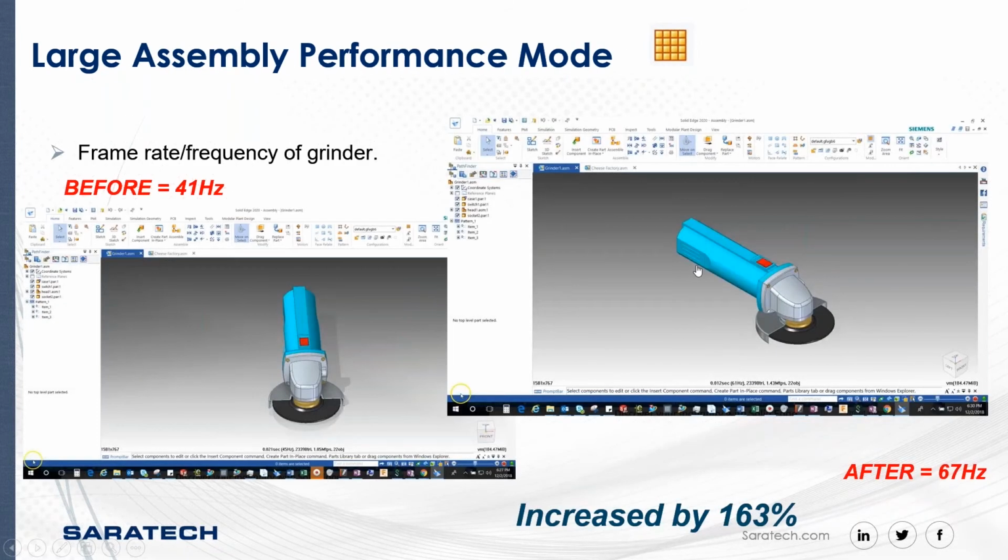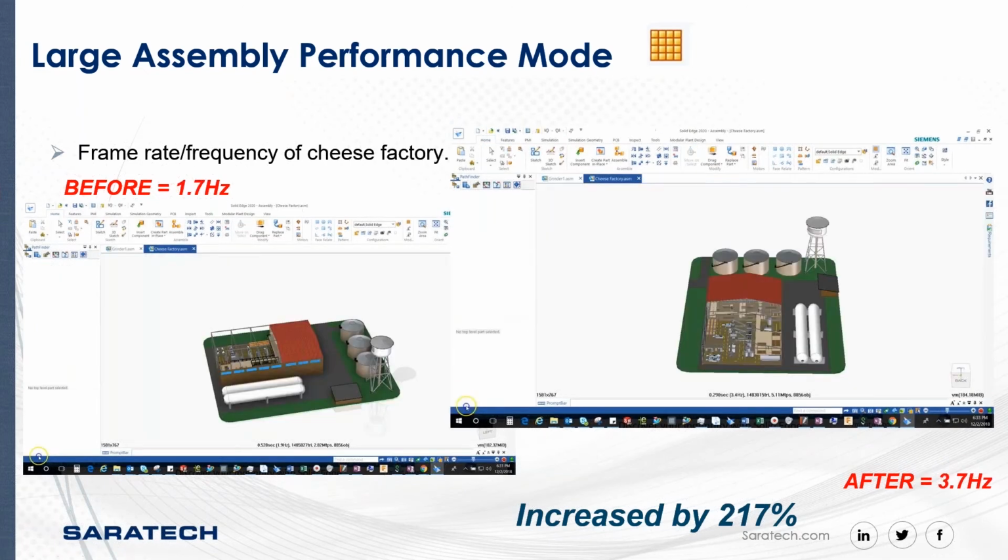You can see here, with previous versions of Solid Edge, what was our frame rate for the frequency of the grinder? We were at 41 hertz. And now with 2020, we're at 67 hertz with the performance mode turned on. So that was an increase of 163%. Next, with the cheese factory, we've got an increase of 200%. So that was a very large one.